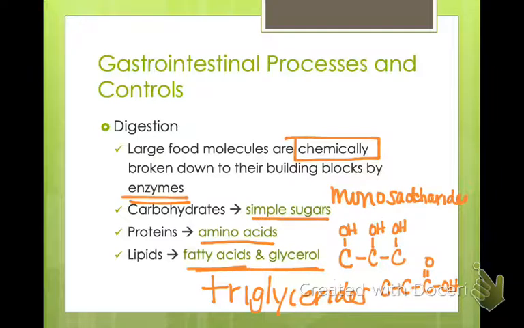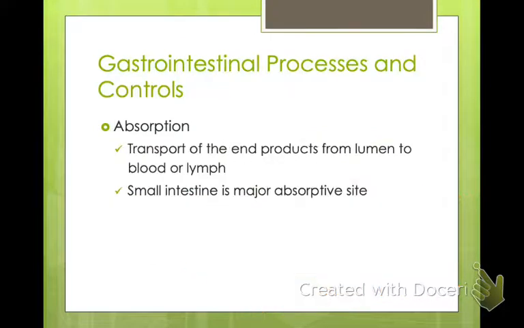It would be much longer than 3 carbons, obviously, but I don't have enough room. They're like 18, 20, 22 carbons long, and they are attached to the glycerol to make the triglycerides, but your body will break those down into the fatty acids and the glycerol molecules for ease in absorption. I meant to say absorption, not digestion.